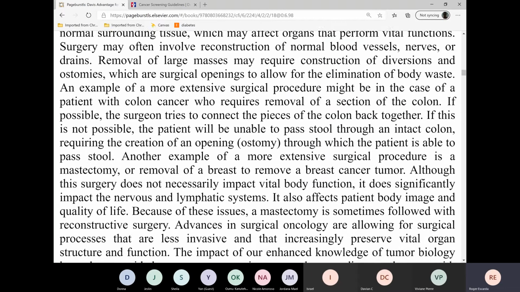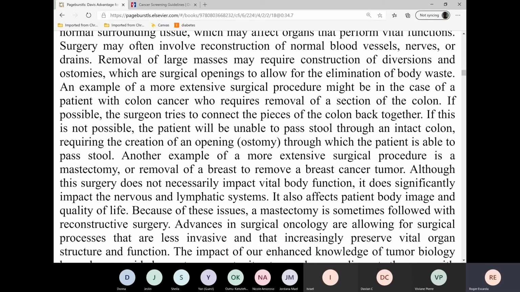It could also be to modify function, or to restore function rather. So let's say the patient loses their stomach or the small intestines, and then they'll end up with an ostomy, for instance.